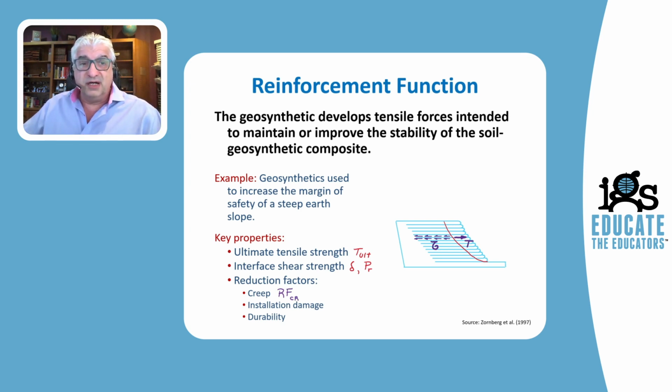As a reminder, creep is time-dependent deformation. Then we may also have a decrease in tensile strength due to installation damage and chemical durability that may additionally compromise the tensile strength or the mechanical properties in general.